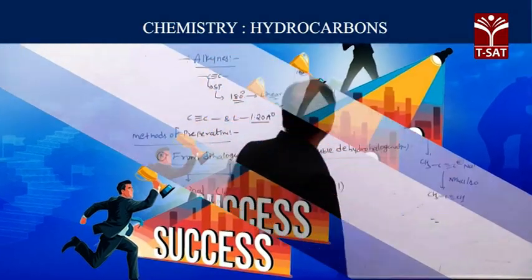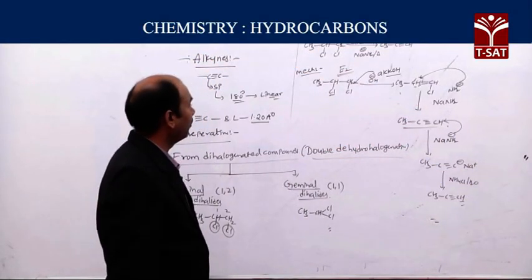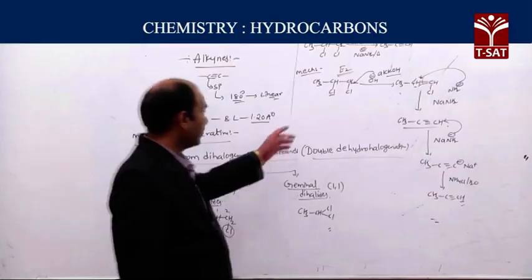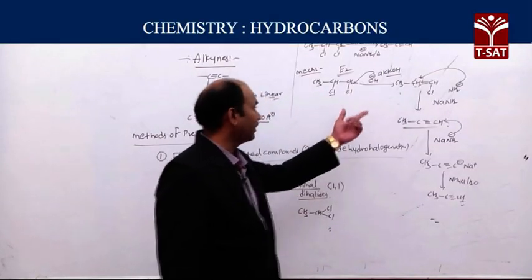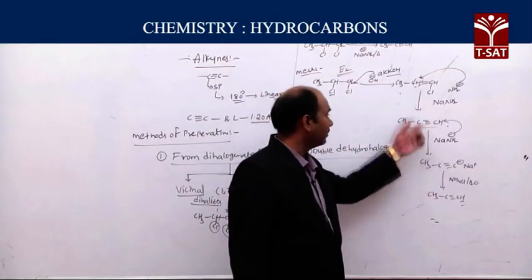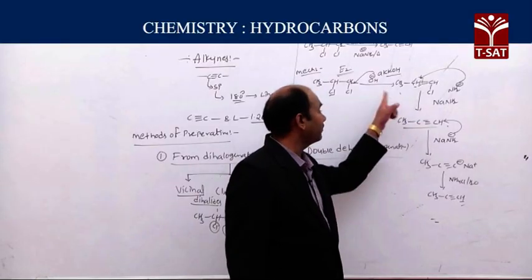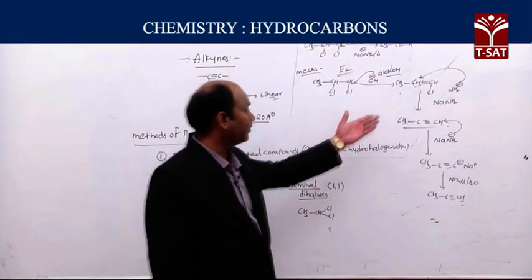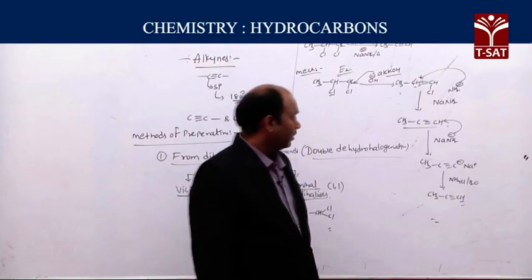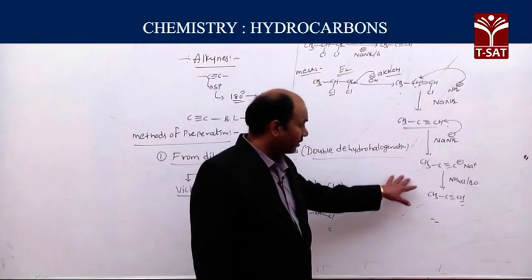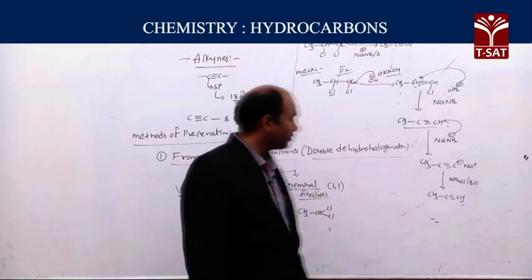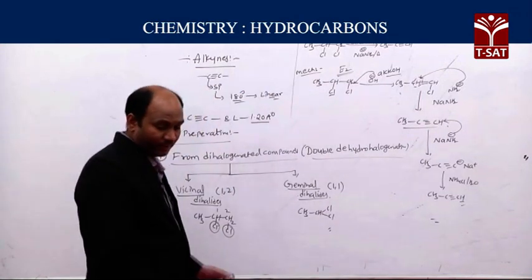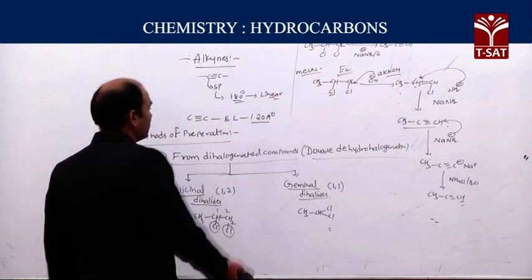So here we use double dehydrohalogenation. Alcoholic KOH is used on the 1,2 dihalide in the first step, and in the second step we want a stronger base than alcoholic KOH, therefore we use NaNH2. If terminal alkynes are formed, 3 moles of NaNH2 are utilized; for non-terminal alkynes, 2 moles of NaNH2 are required.